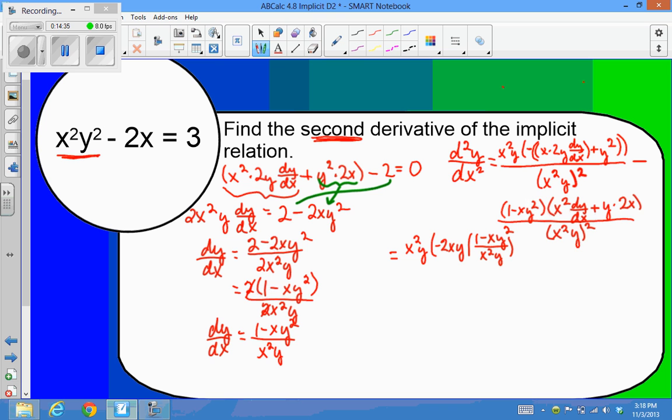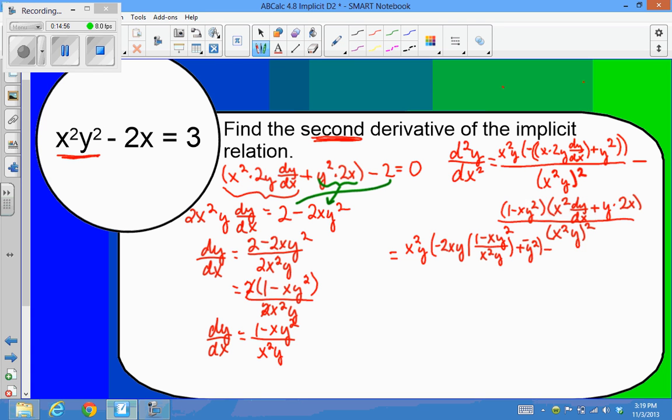Plus y squared. Okay, so that's my new bottom times the derivative of the top, right there. Minus distributes through and makes this a minus, so let's change that to a minus y squared right there, so that I don't lose that.